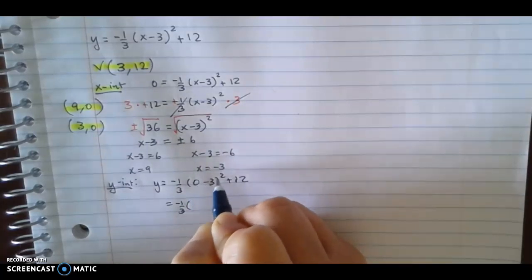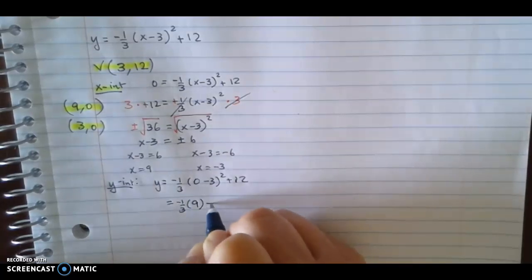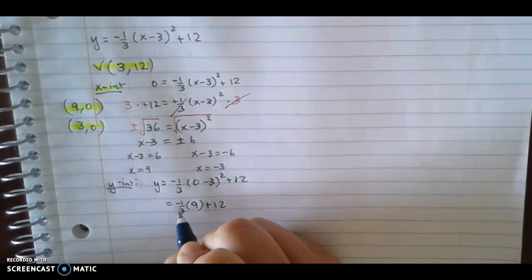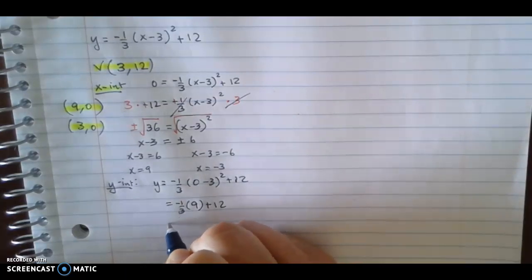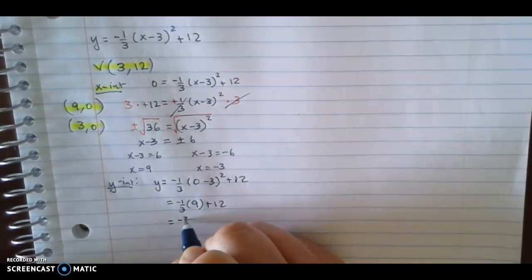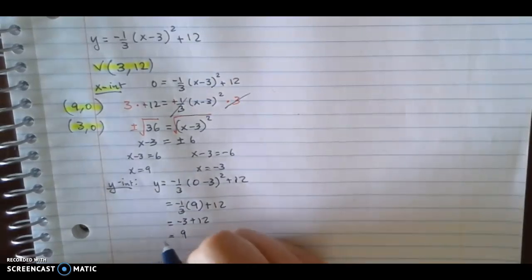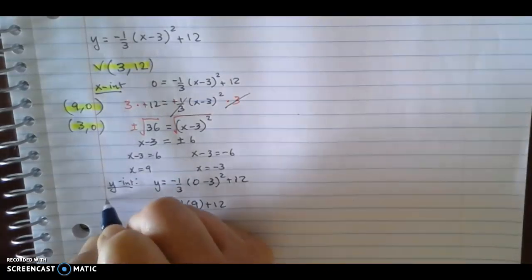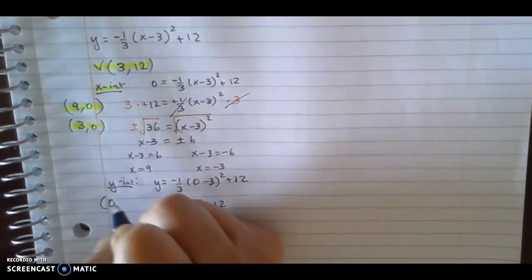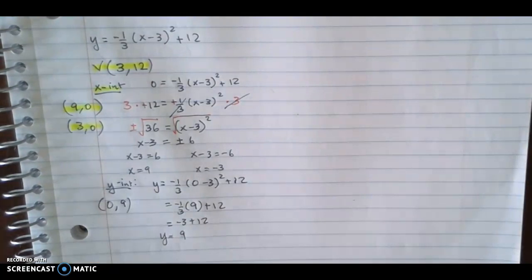So negative 3 all squared is positive 9, plus 12. 9 times negative 1/3 is going to be negative 3. Negative 3 plus 12, which is the same as positive 9. So y is 9. That means the y-intercept is going to be 0, 9.